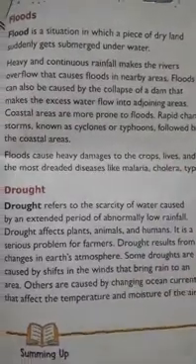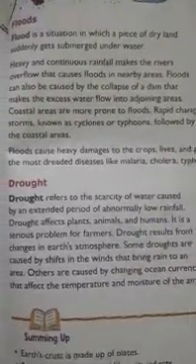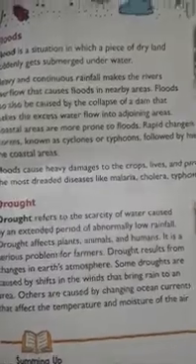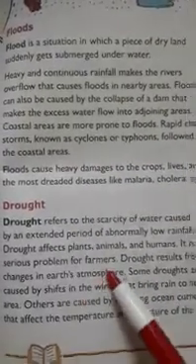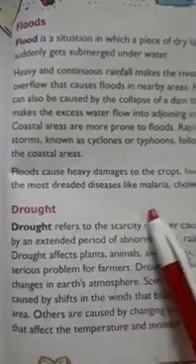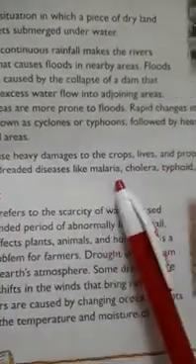Because of this stagnant water after the floods, organisms, bacteria, germs can grow in it, and it can cause some diseases like malaria, cholera, typhoid and dengue. Okay, so this is flood all about.